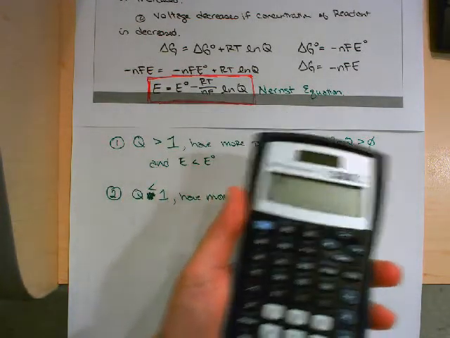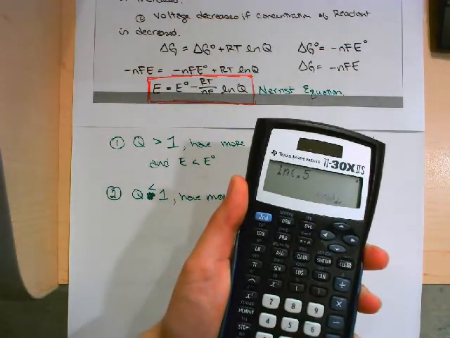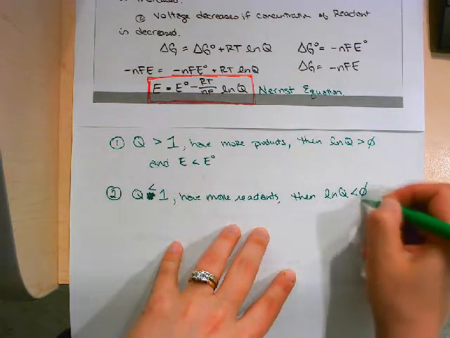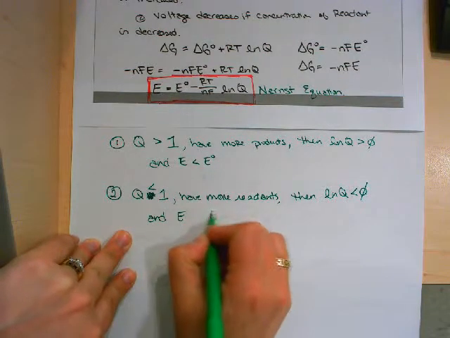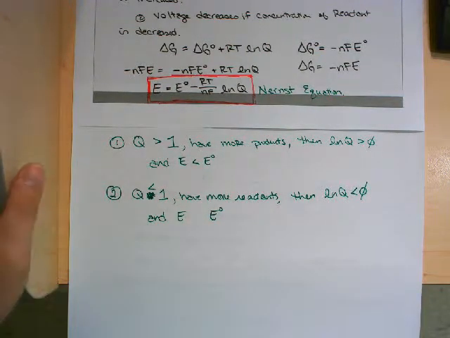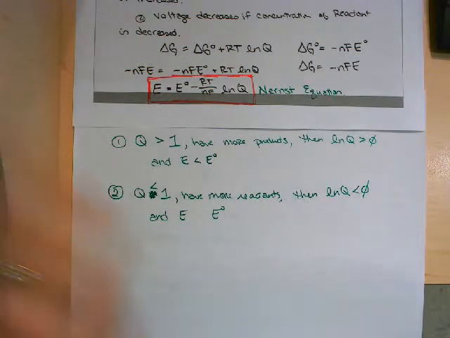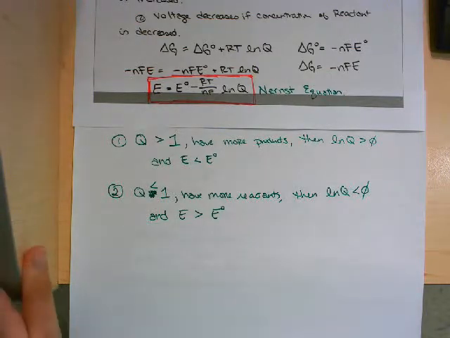Should be the opposite case. ln of 0.5. Negative. Excellent. So that's less than 0. So then, which one's going to be bigger, non-standard state or standard state? Yep.